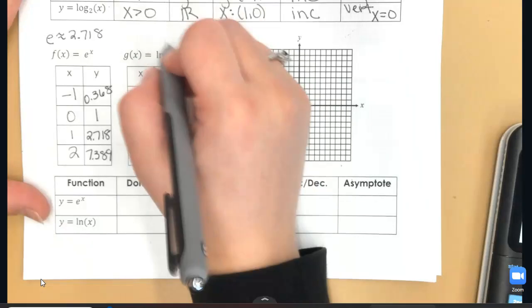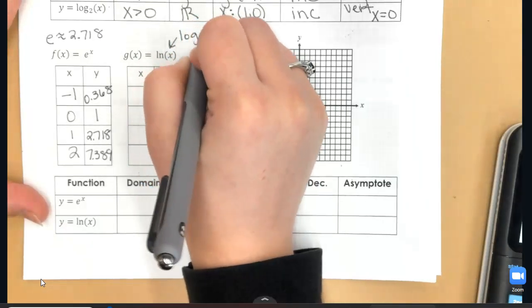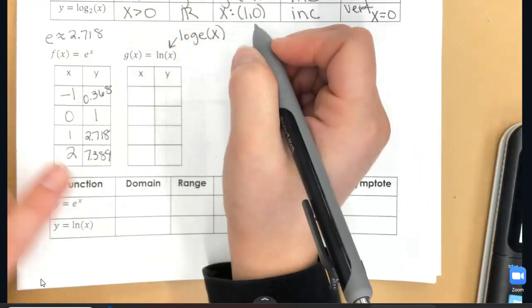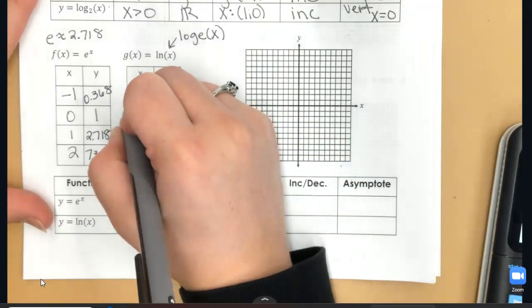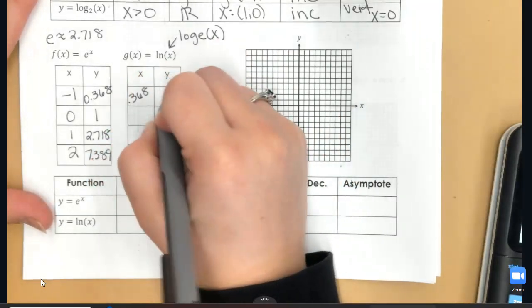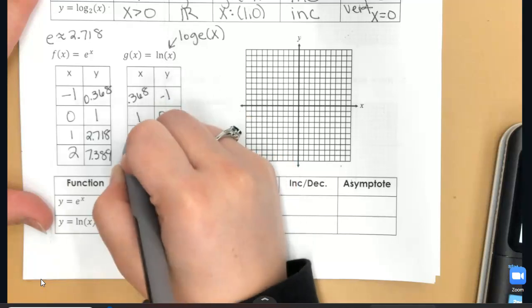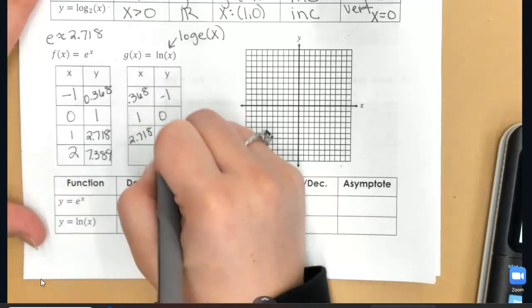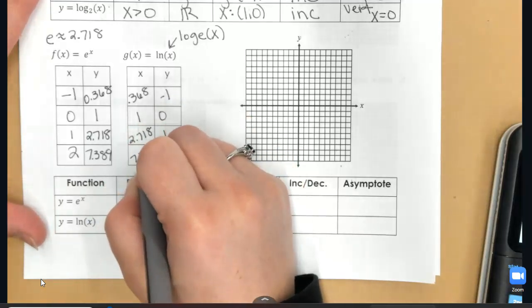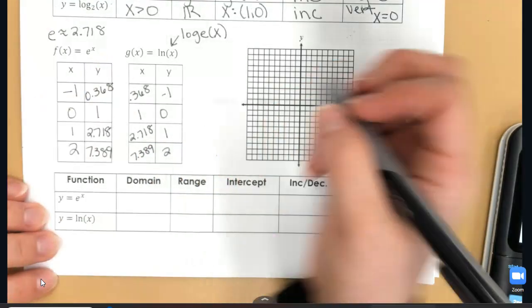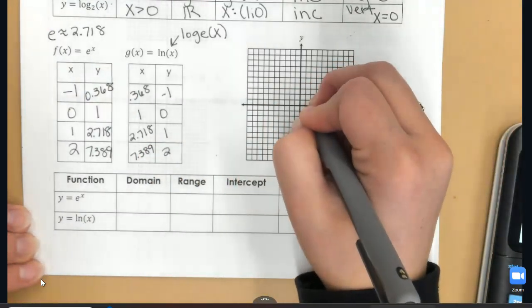So the natural log, that is a log with a base of e. Again, you're just going to switch your x's and your y's. They are inverses of each other. So these are now points that I can, again, just eyeball and graph.